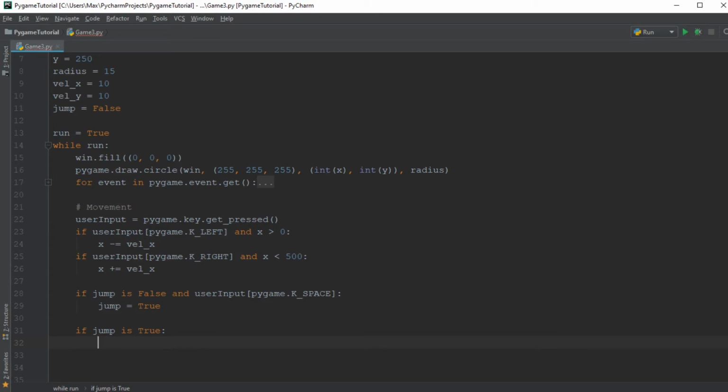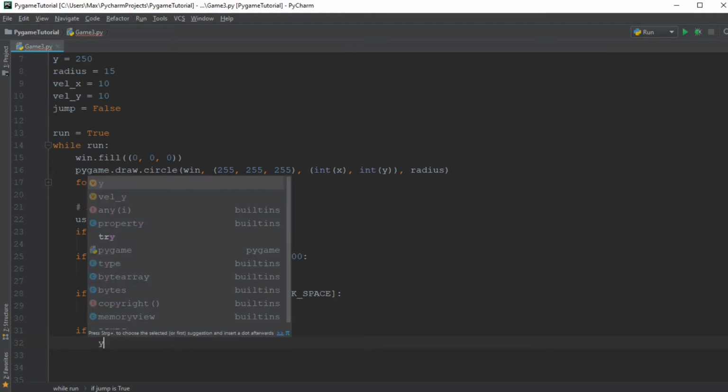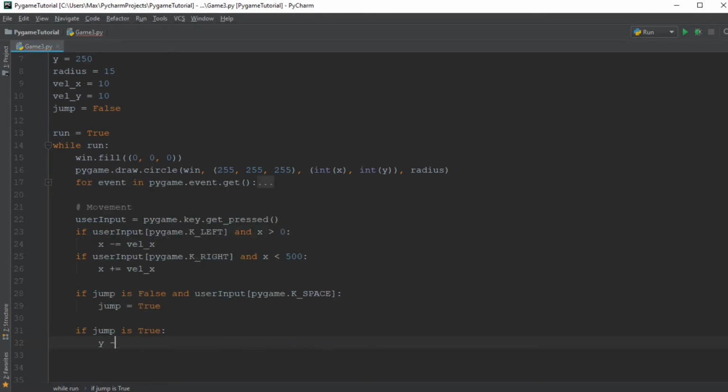Because a jump is always upwards, so you want to be decreasing the y coordinate. If you remember in the last tutorial, I said that the top left corner of the window is the coordinate 0, 0. And so if you are moving upward, you are decreasing the y coordinate. So let's go ahead and decrease the y component by the velocity in y direction, which we just gave the value 10.